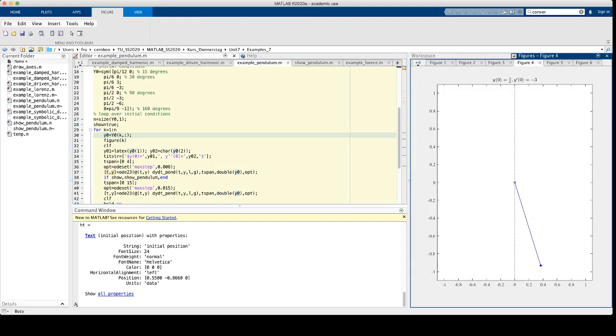Next, we see initial deviation of 30 degrees and the initial velocity of -3, so pointing clockwise.